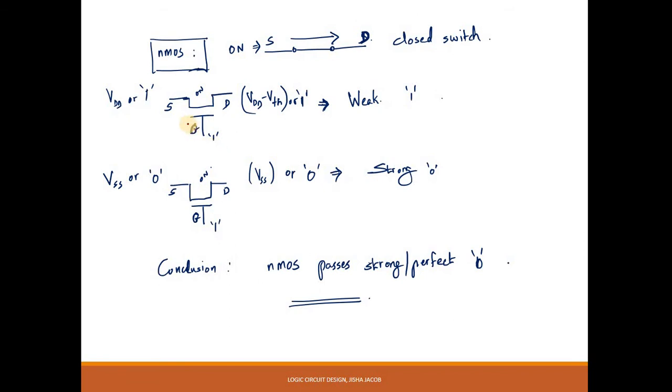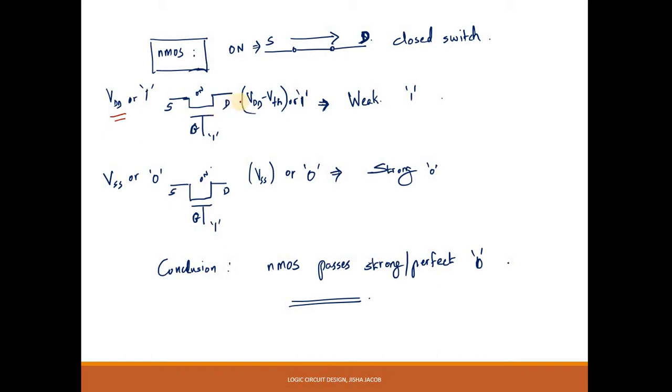A little more in detail for NMOS: when the NMOS is on, that is the switch is closed, it is conducting. When you apply a 1 at the source end, it will conduct through the NMOS and will be available at the other end. But when you apply a logic 1, you are actually applying full voltage VDD.